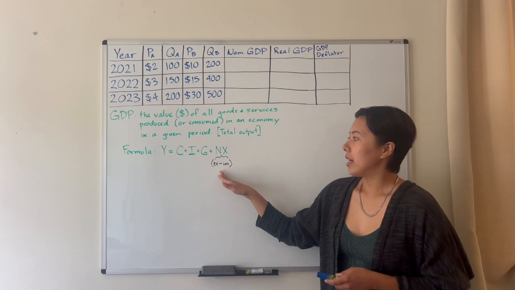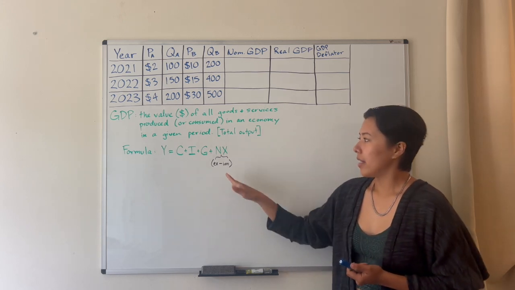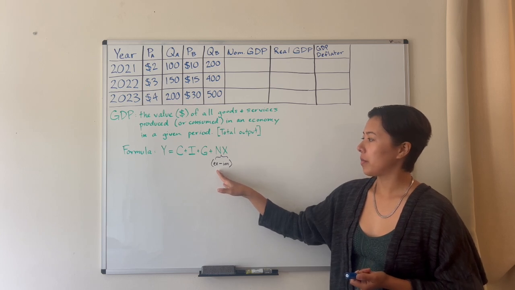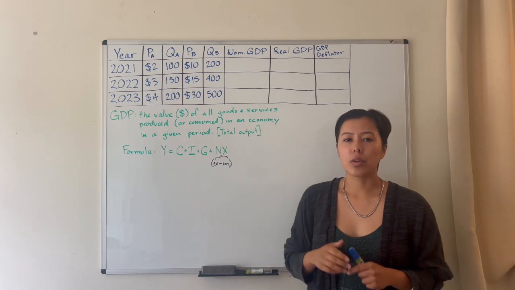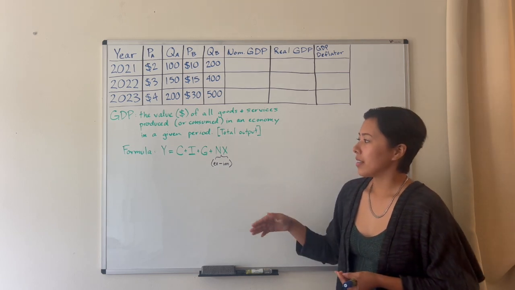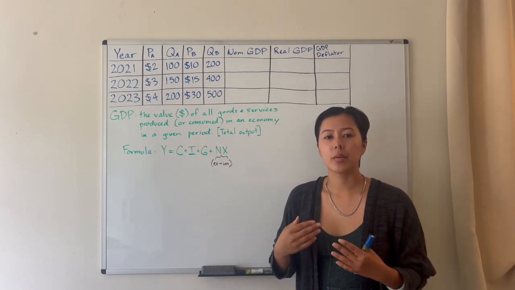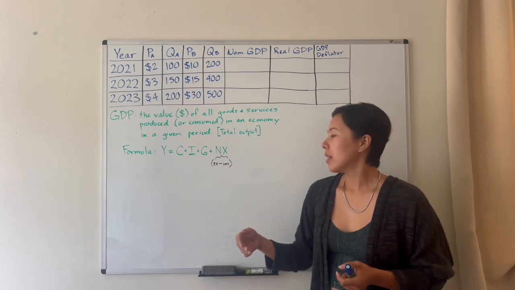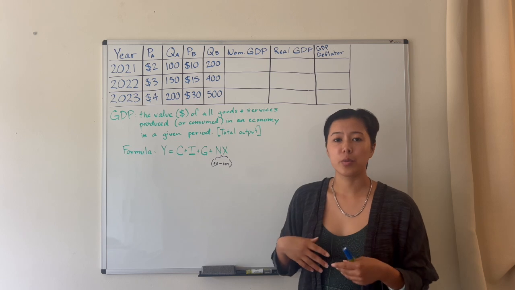And lastly, we have net exports. This is our last component of GDP. And so we calculate net exports by adding exports and subtracting imports. And the sort of intuition behind this from a production perspective is exports are things that we produce here in our economy and we send them to other countries, while imports are things that are produced in other countries that we purchase and consume here.